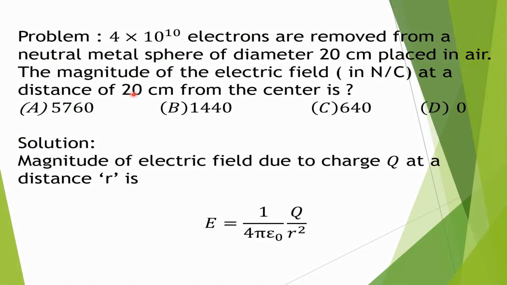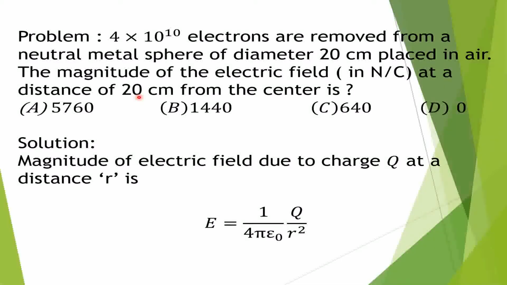Now if you remove charge from the metal, it will get positively charged, and most of the charge will remain on the surface of the sphere. It won't be inside. Okay, so since we want to calculate this, we can consider that this charge which is on the surface of the sphere is considered at the center of the metal sphere.